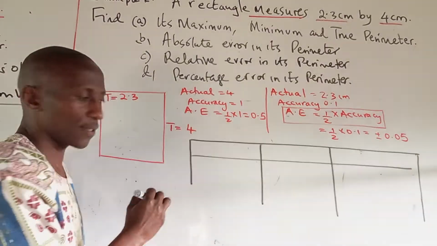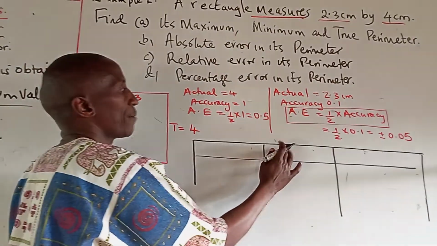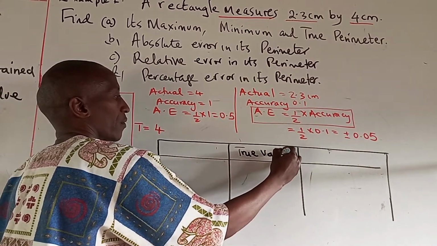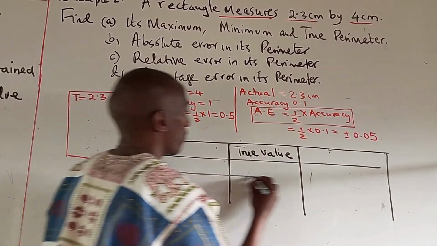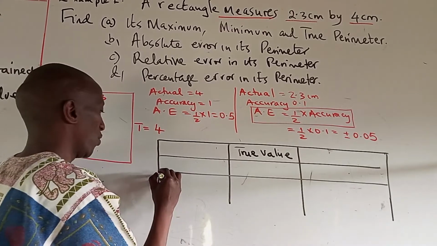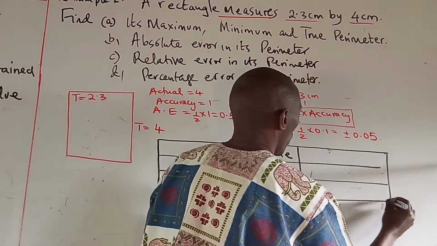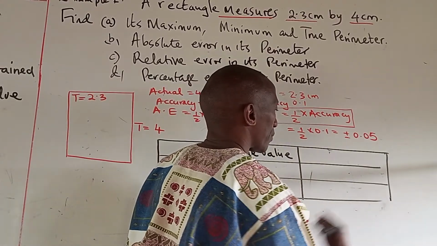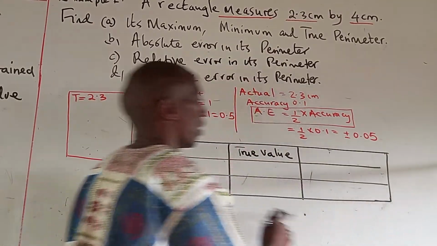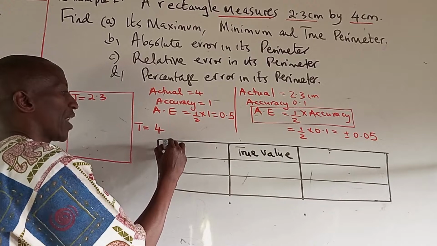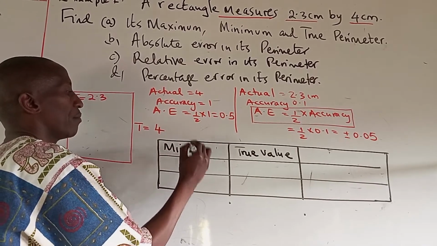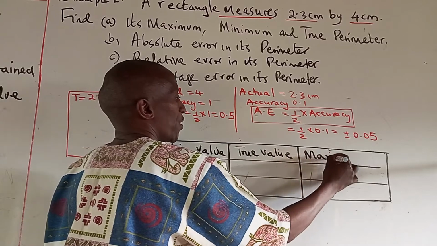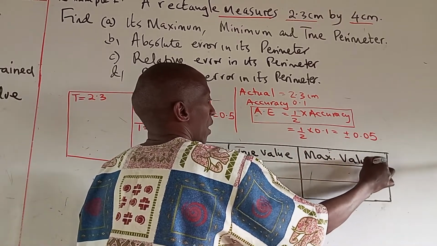In the first case, let us put in the middle here the true value. So we shall have the two measurements shown here, the true value, the minimum value, and the maximum possible value.